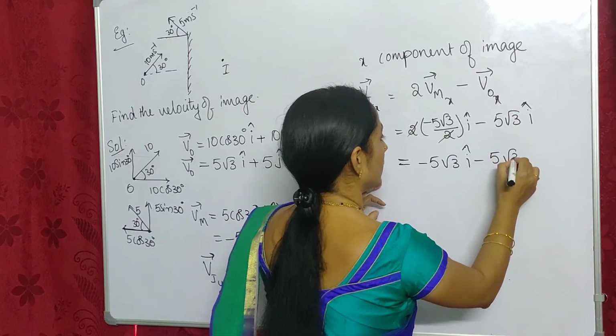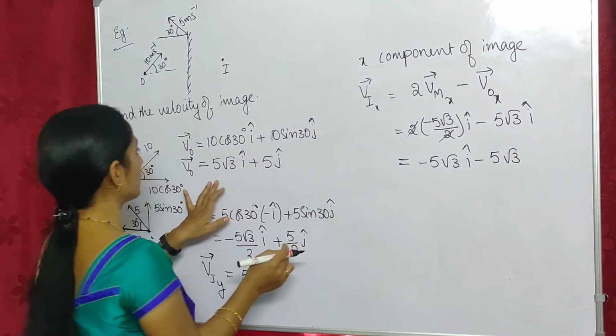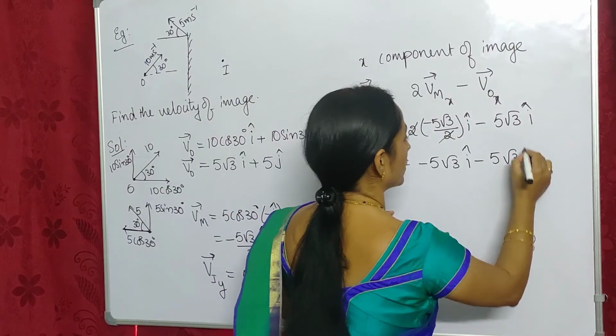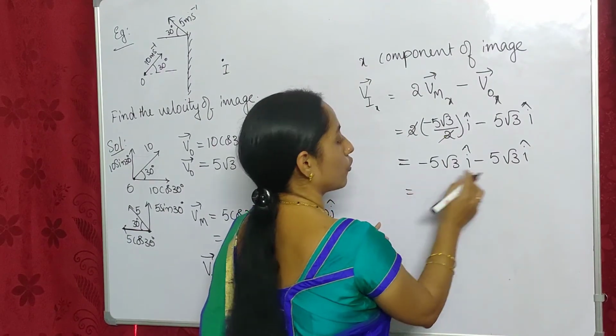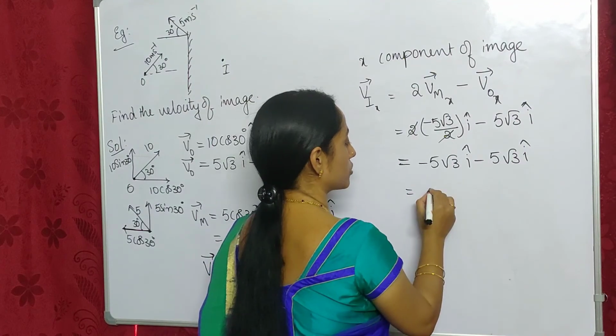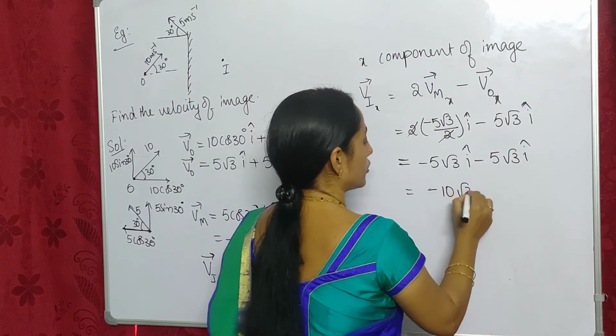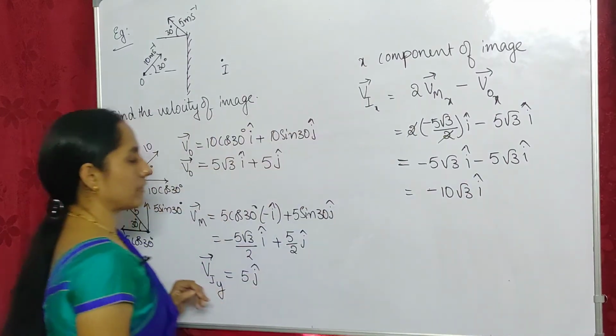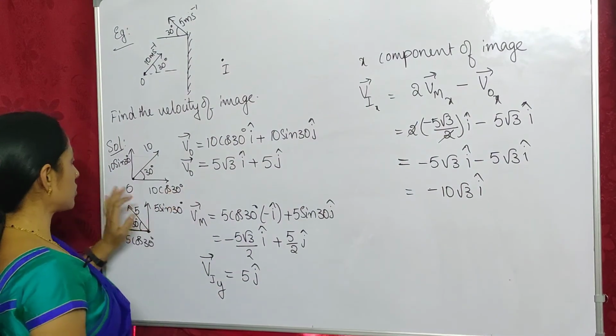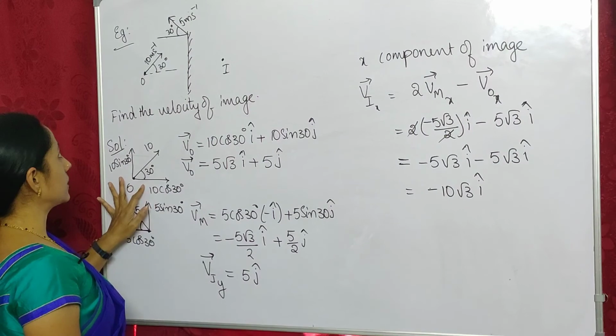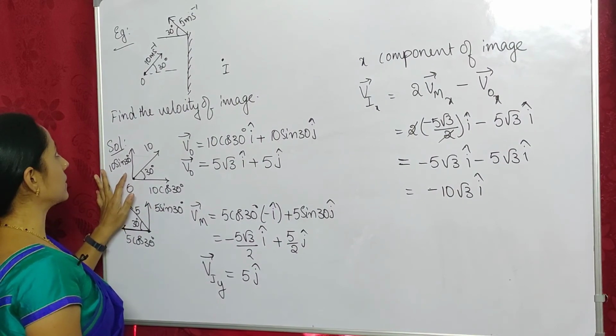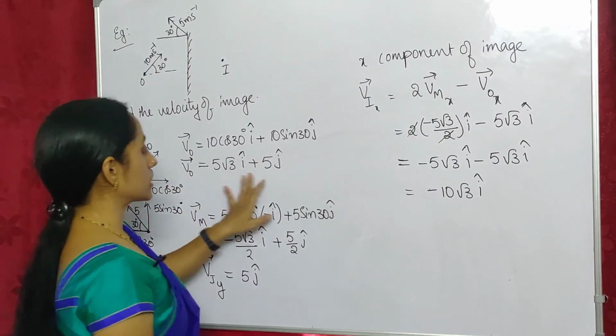Sorry, we have 5 root 3 here, yes, minus 5 root 3 I cap. So 2 times of 5 root 3, so minus 10 root 3 I cap. I hope I have written everything correct. So this is 10 cos 30, yes, this is 10 sin 30, so we are going correct. So this is 5 root 3.